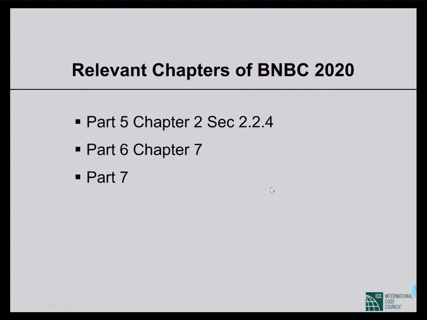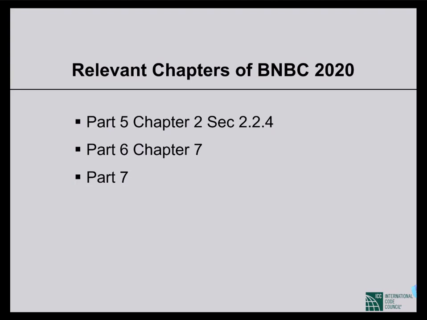In the Bangladesh National Building Code 2020, masonry structures are covered in three different parts. Part 5, Chapter 2, Section 224 deals with the material standards of different components of masonry structures.